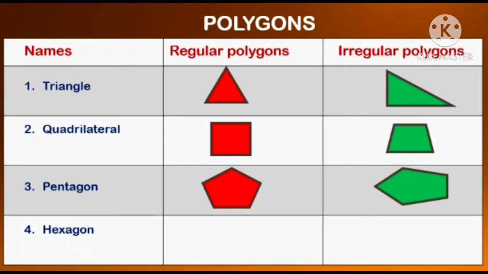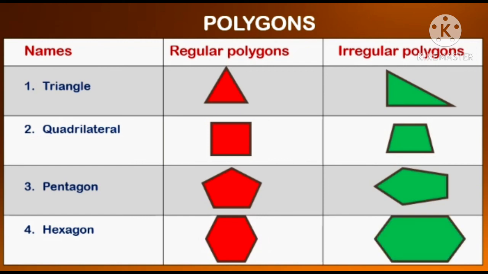Then what is a regular hexagon? That means six sides and six angles are equal. Then what about an irregular hexagon? That means six sides and six angles are not equal. This is the difference between regular polygons and irregular polygons. Hope it's clear to you.